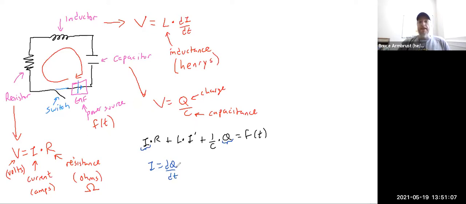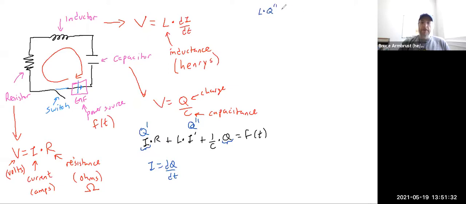If we recognize that, then notice that this I is a Q prime, and the I double prime is a Q double prime. So we put this all together, and let me write it the way you would think about saying it.